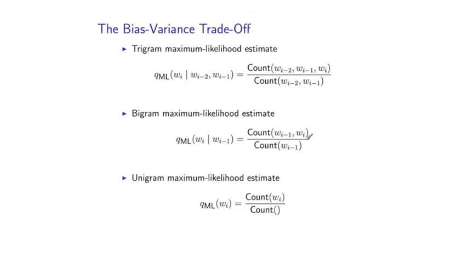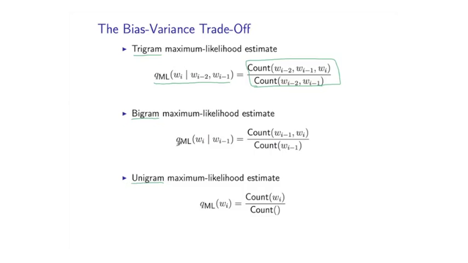So first, let's give some definitions. q sub ml is going to be our maximum likelihood estimate, and this is the trigram parameter estimate based on the ratio of counts that I showed you on the previous slide. But in addition to this trigram estimate, I can also describe what are called bigram and unigram estimates as follows.